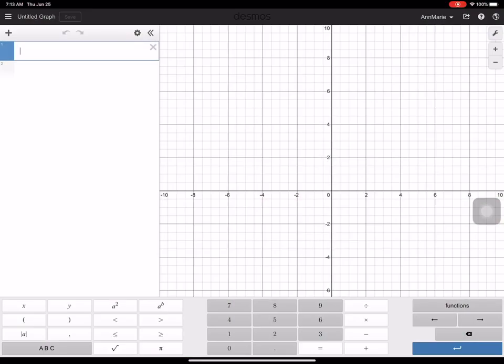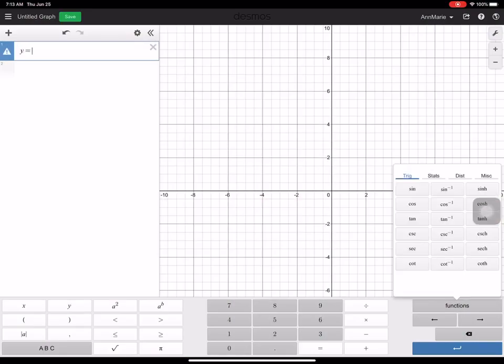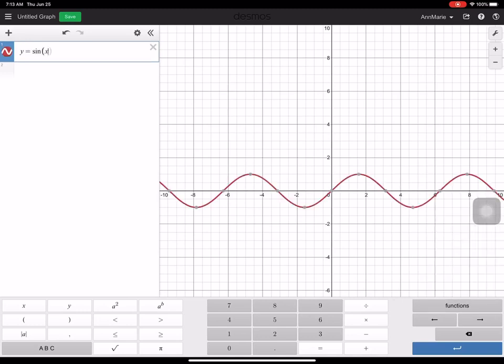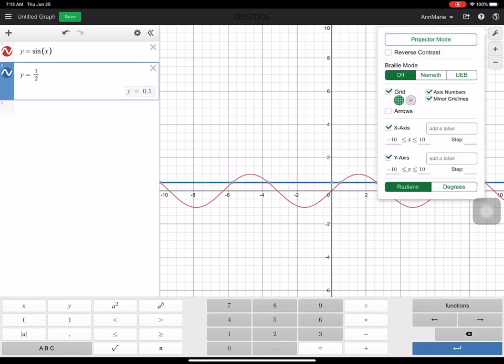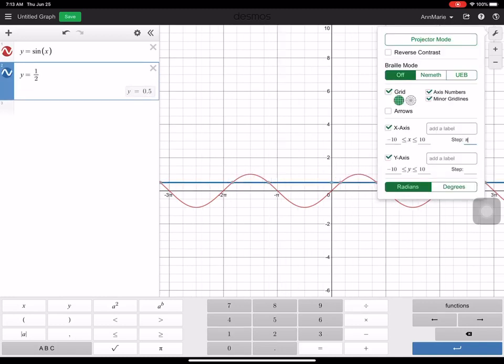So let's stretch this out. Let's take a look at my graph, y equals sine x. And I'm going to put on the line y equals 1/2. And I'm going to change this to pi's.